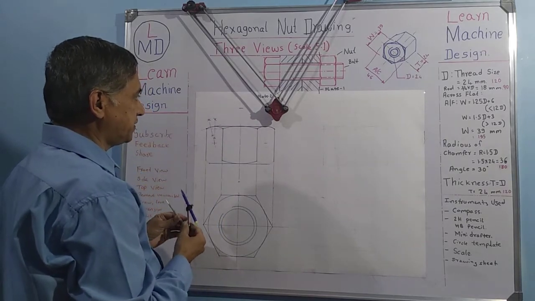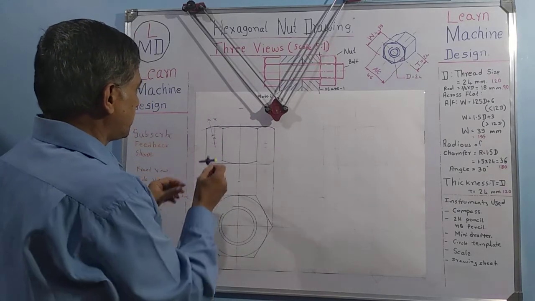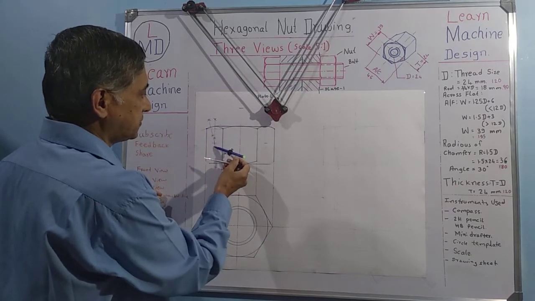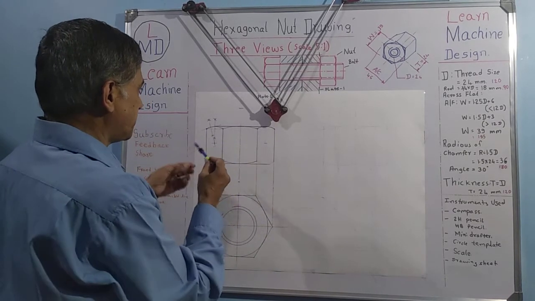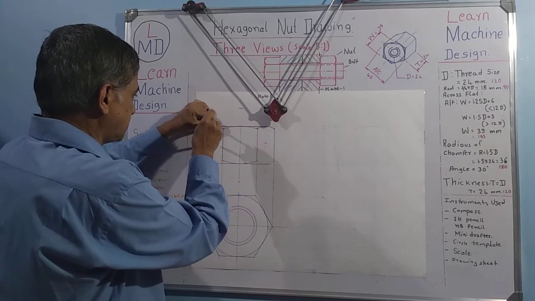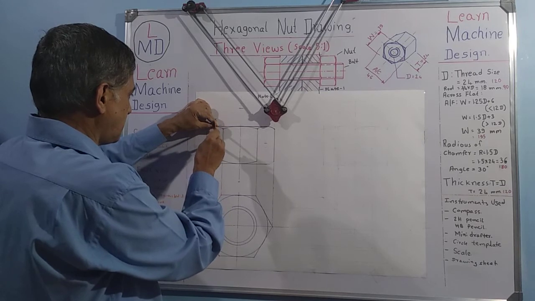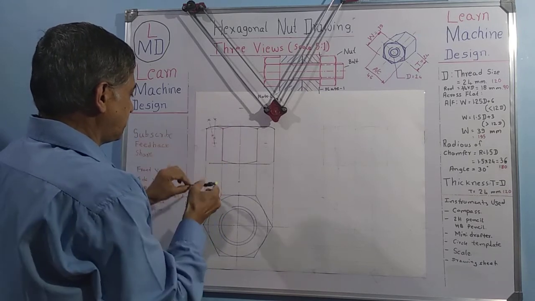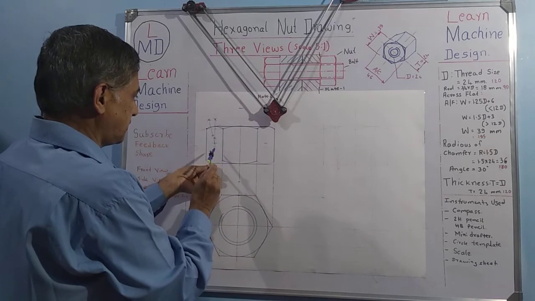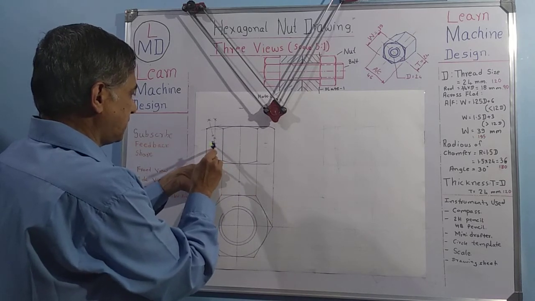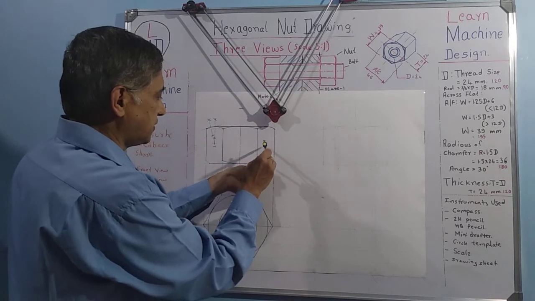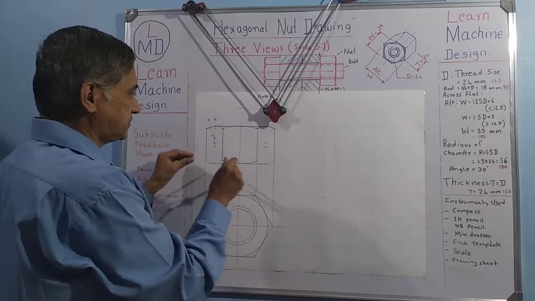How can I do it? From here to here, how much is there? The same thing we have to put here. So what do we have to do? Take this and like this. In a similar way, reverse the compass, mark it here. While marking, mark it here also. Again reverse it.